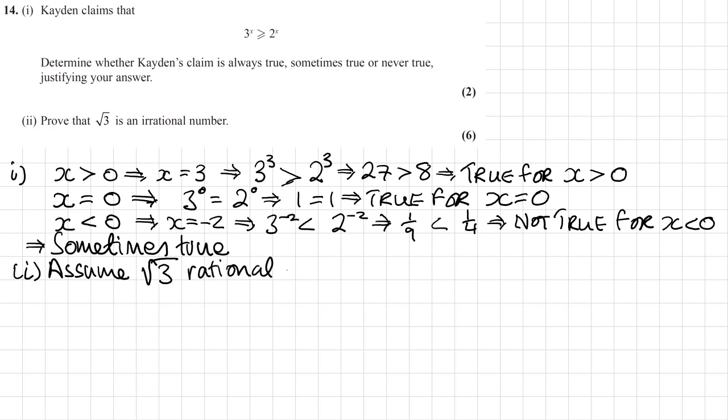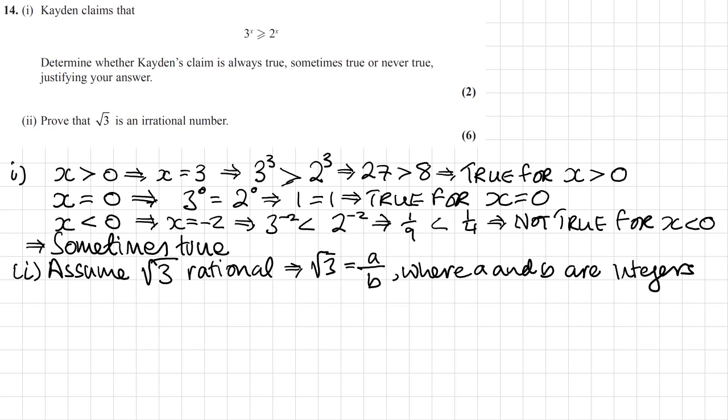Now if root 3 is rational, that means that root 3 can be written as a fraction, and we'll call that fraction a over b, where a and b are integers. a over b is in its simplest form, so it's been simplified. Another way of saying that is that a and b don't have a common factor, or their highest common factor is 1. It all means the same thing.